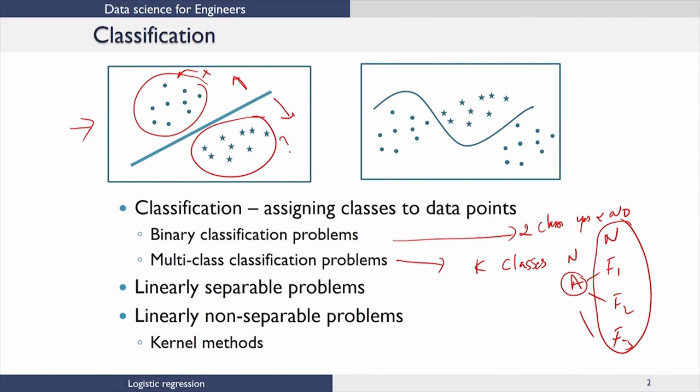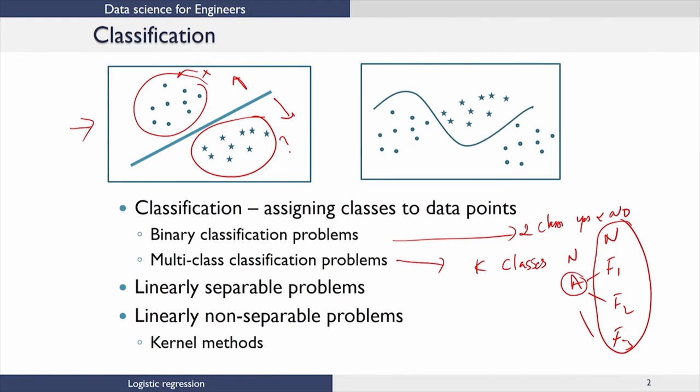So, these are problems which are called linearly separable problems. In such cases, the classification problem becomes one of identifying the hyperplane that would classify the data. So, these I would call simpler problems in binary classification.